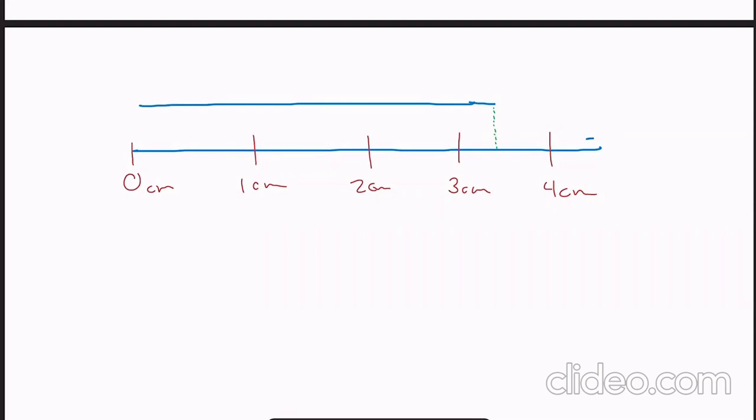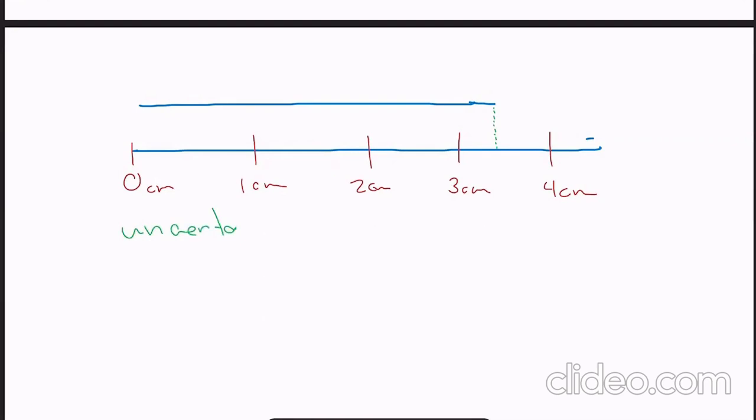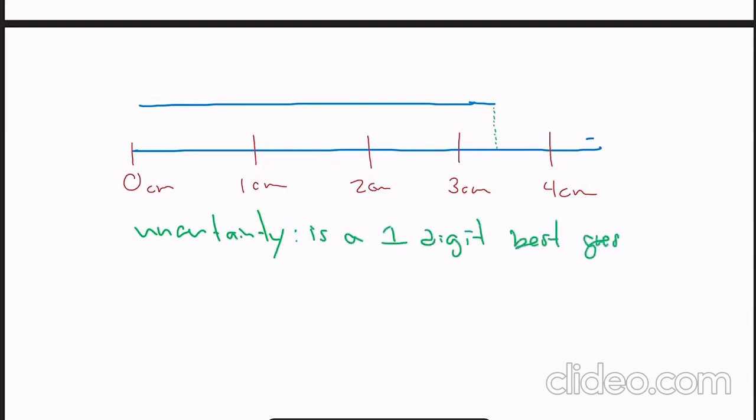Then we have uncertainty, and uncertainty is a 1-digit best guess.